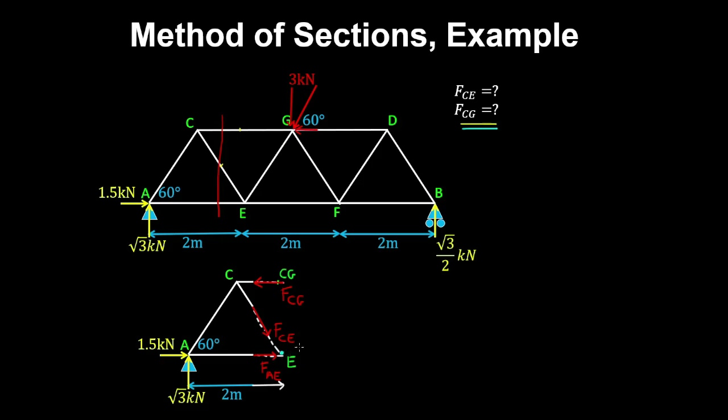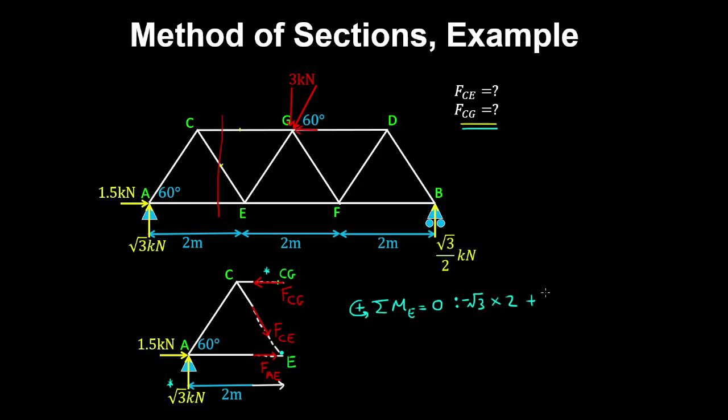And now we need to be strategic on which equilibrium equation to use to find the forces in these members. So if I take a sum of moments about node E, with anti-clockwise being positive, well, we can see that the lines of action of all the forces pass through these nodes, except the vertical reaction and FCG. So what we have is the vertical reaction is root 3 multiplied by the moment arm, and that causes a clockwise moment about this node.